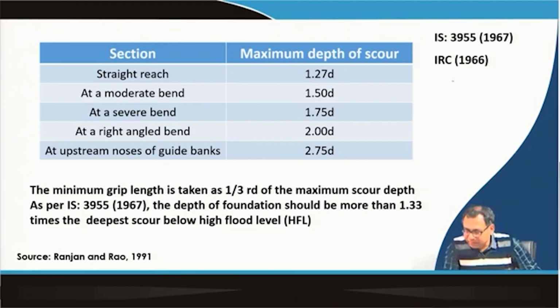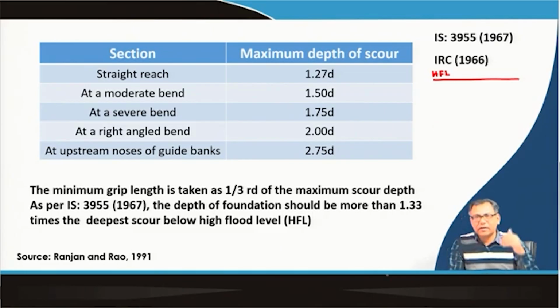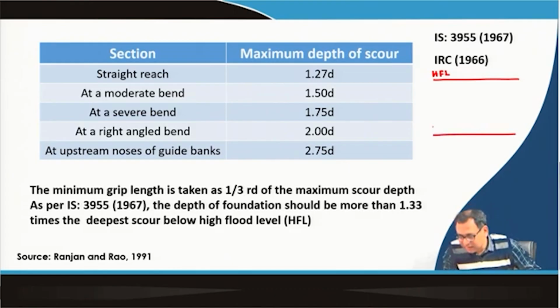Suppose this is your HFL, high flood level. First you calculate the scour depth, then you calculate the maximum scour depth by this recommendation. So this is the maximum scour depth.